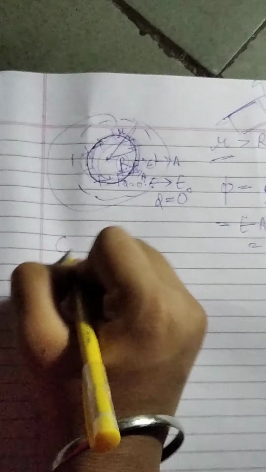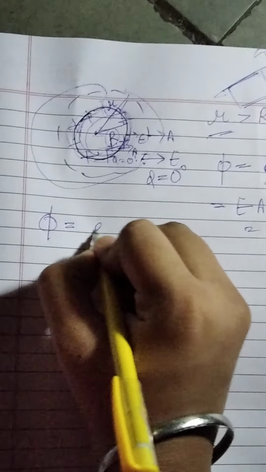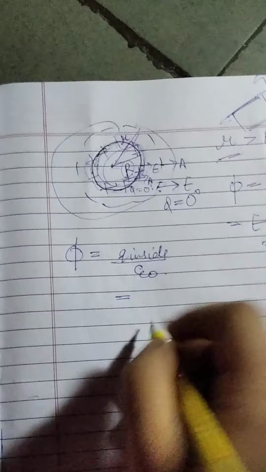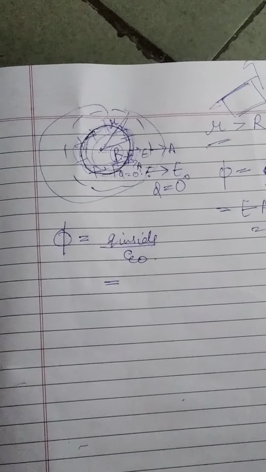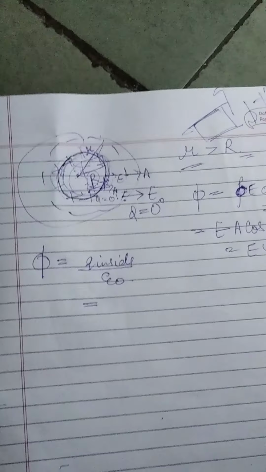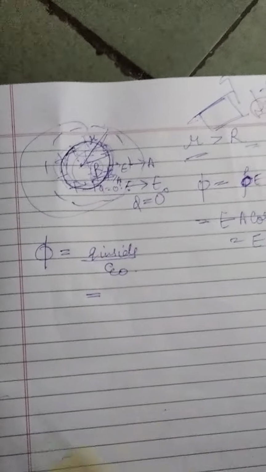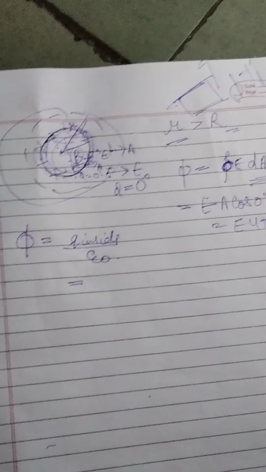Okay, now we'll find electric flux for Gaussian surface, means Q inside upon epsilon naught. Now one new term will be introduced here, but here there is no need to introduce that term because charge is not present inside the sphere, so there is no need of volume density. Otherwise we'll use volume density in a non-conducting solid sphere.